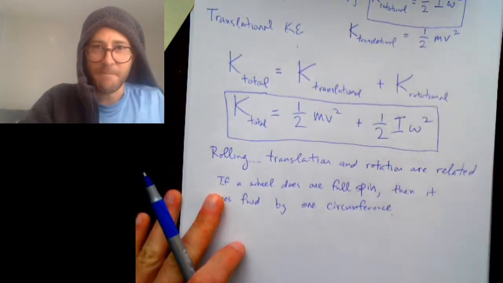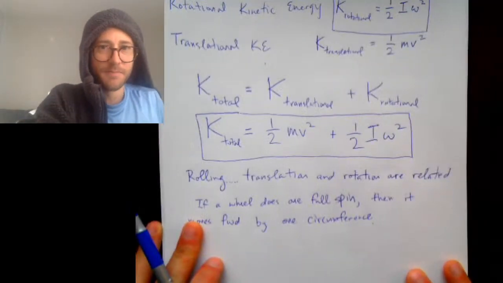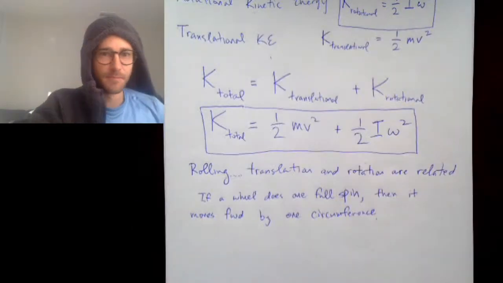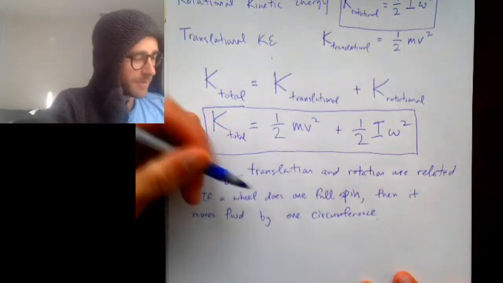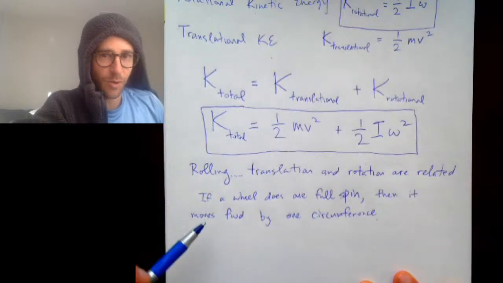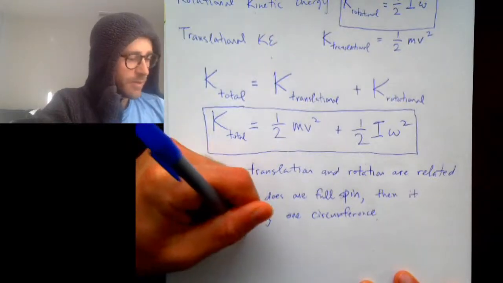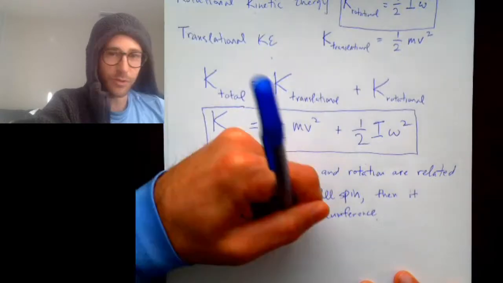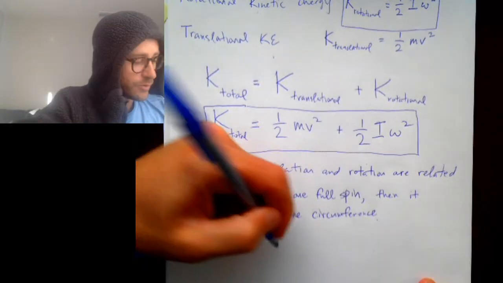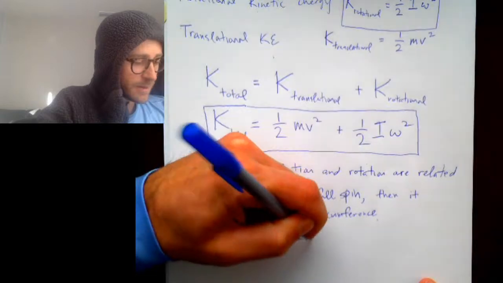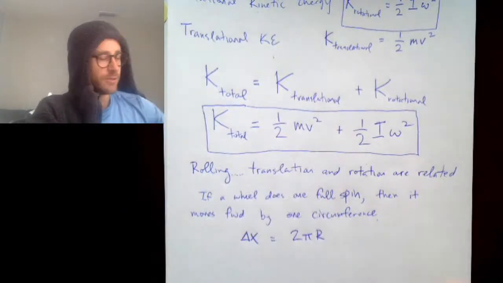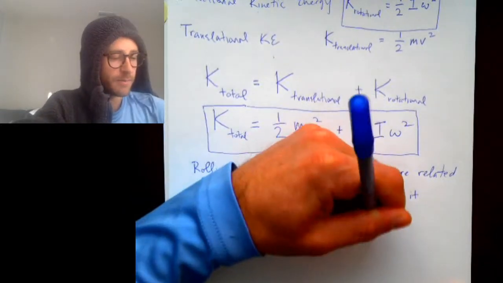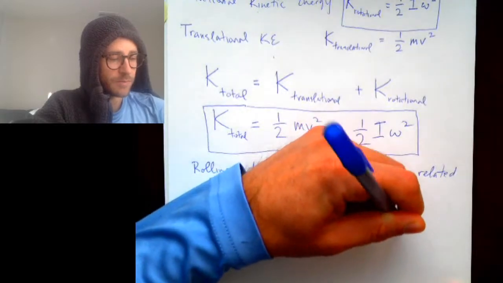All right. So if something is rolling, then your delta x is going to be equal to the circumference of the circle, which is 2 pi r. That's if you do one rotation. This is over one rotation.